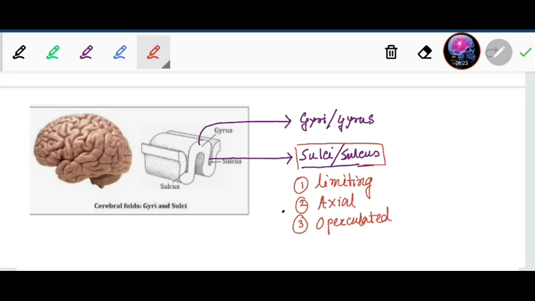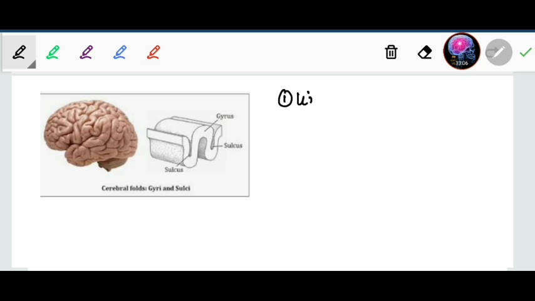We are all going to discuss it one by one: complete sulcus, primary sulcus, secondary sulcus. So what do all these terms mean? Let's discuss the limiting sulcus first.